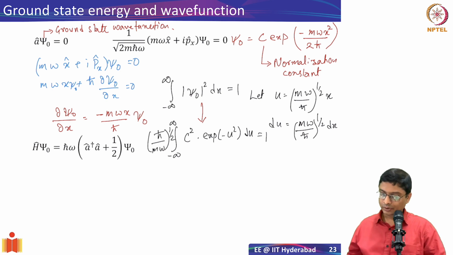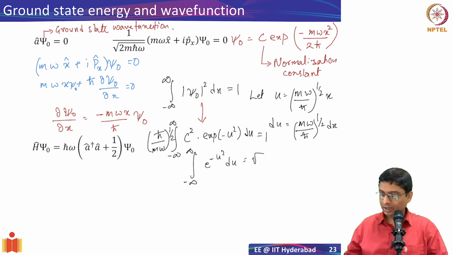This integral is a very common integral. If you know, the integral of exponential minus u square du is going to be root of pi. If I substitute, I'll effectively get c square into pi h bar by m omega whole to the power of half is going to be 1.